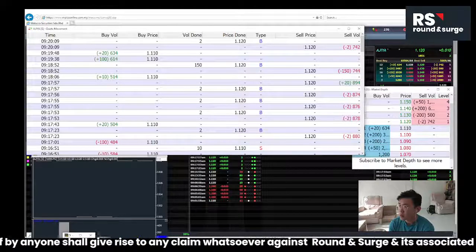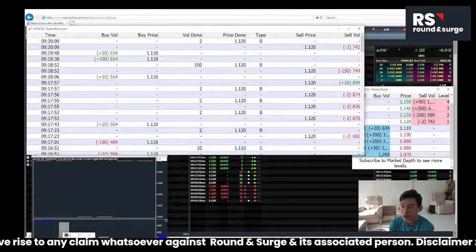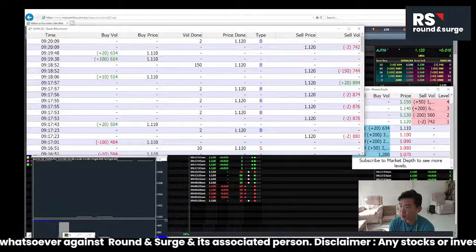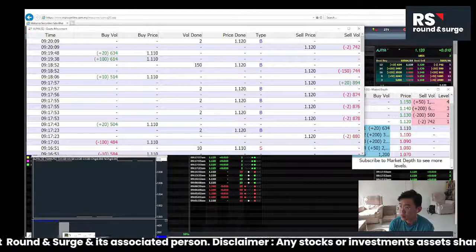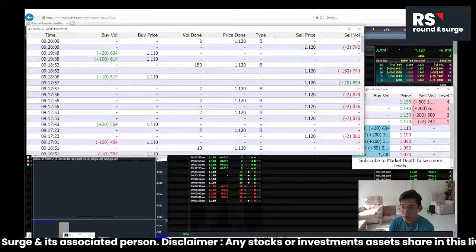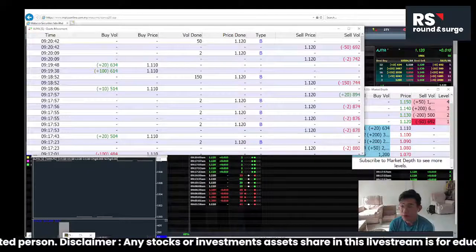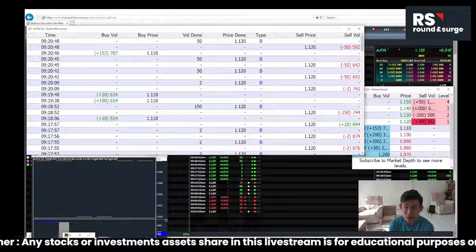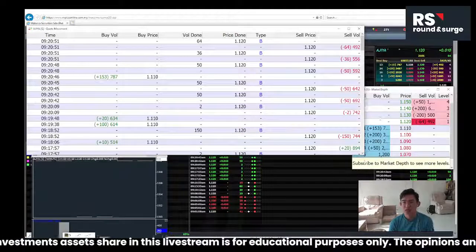Time and sales. 634 buy side. Pick 2 lots, 50 lots, 50 lots, 50 lots. They're making it too obvious.